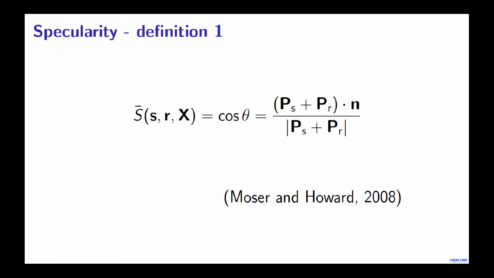For a specular reflection, this angle of deviation is 0, which means the specularity is 1. For a non-specular reflection, this deviation is non-zero, which means the specularity has value between 0 to 1.